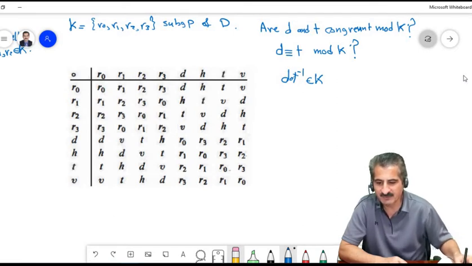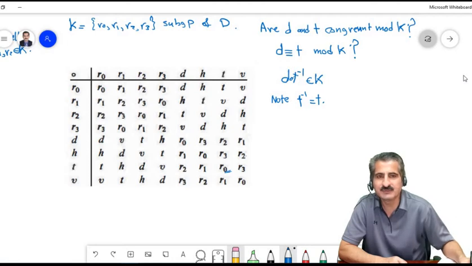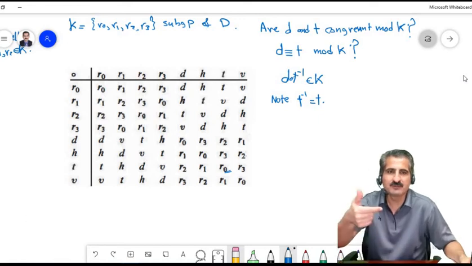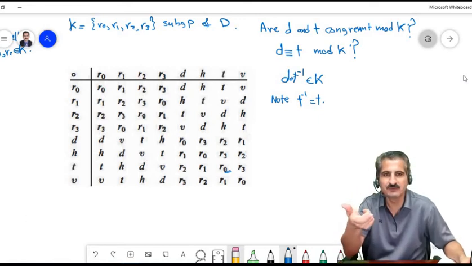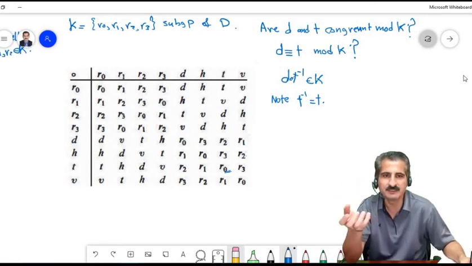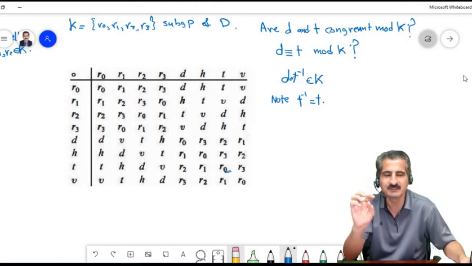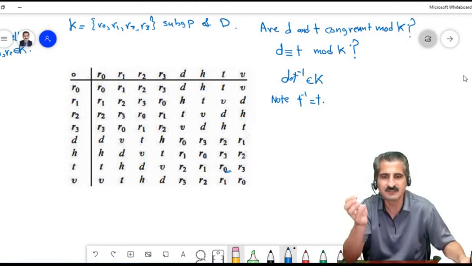If you look in here, this is R0, and simply you will find T inverse is the same as T. Now if you recall that each of D, H, T and V were reflections, then when you reflect and then reflect again, you get back to where you were at the beginning, the identity. So each one of these D, H, T and V is its own inverse.